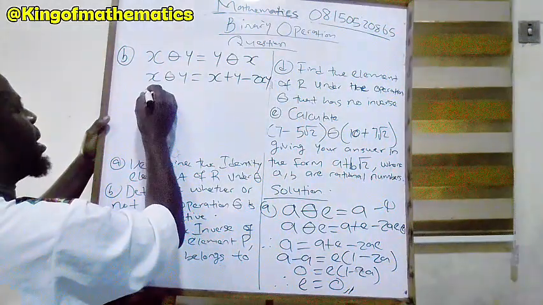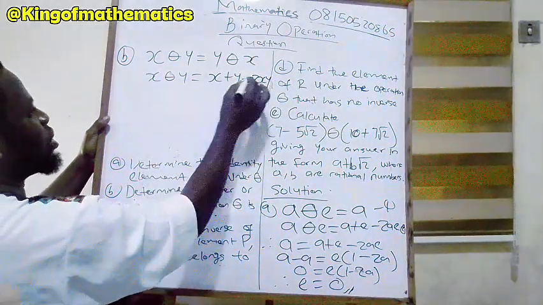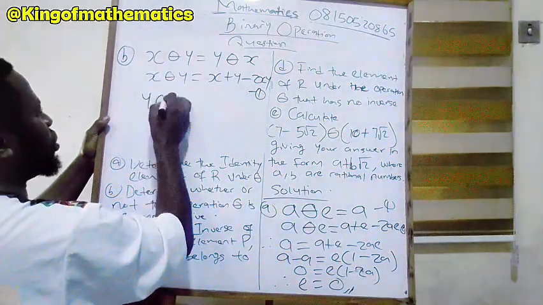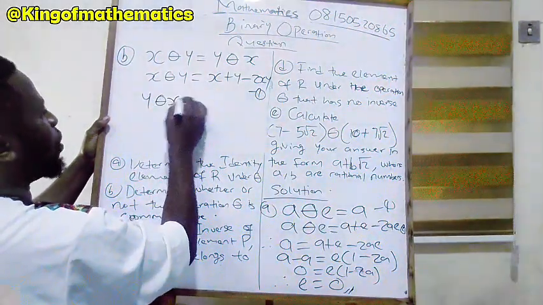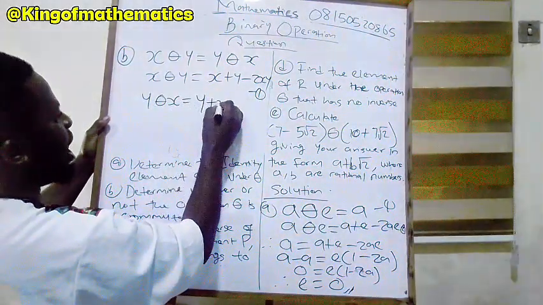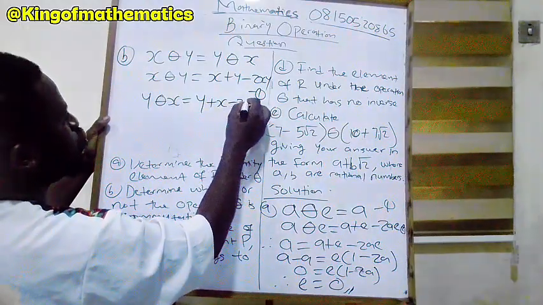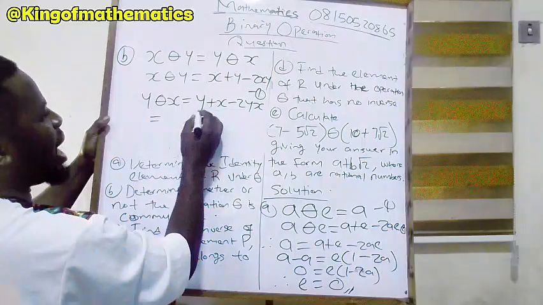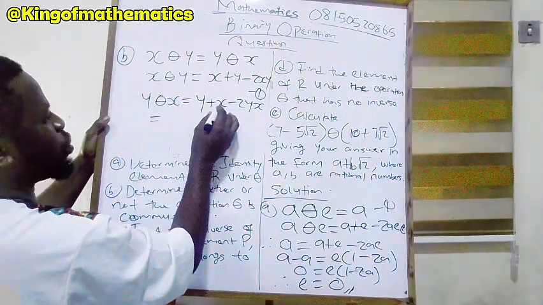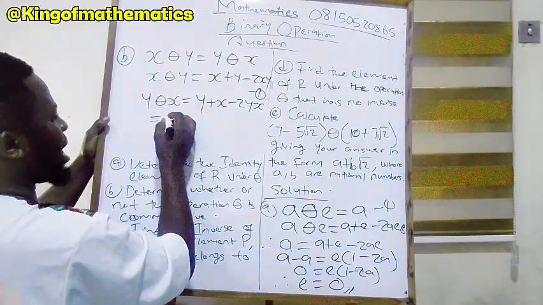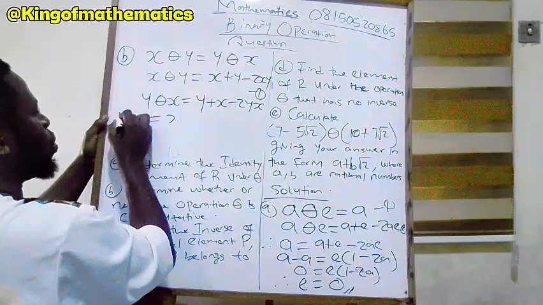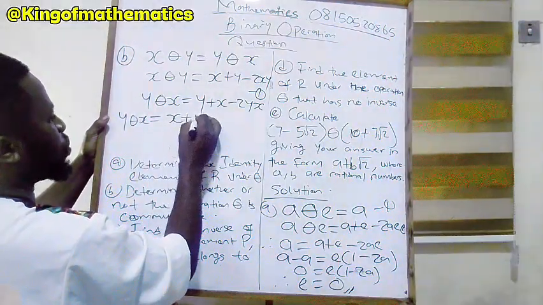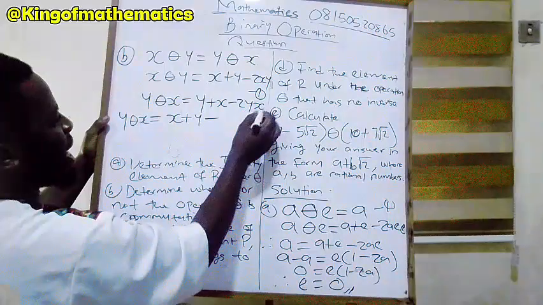Let's call that equation 1. Then let's try y operation x, which will give us y plus x minus 2yx. But under multiplication and addition, x plus y is the same as y plus x, so I can write y operation x as x plus y minus 2xy, which is still the same.